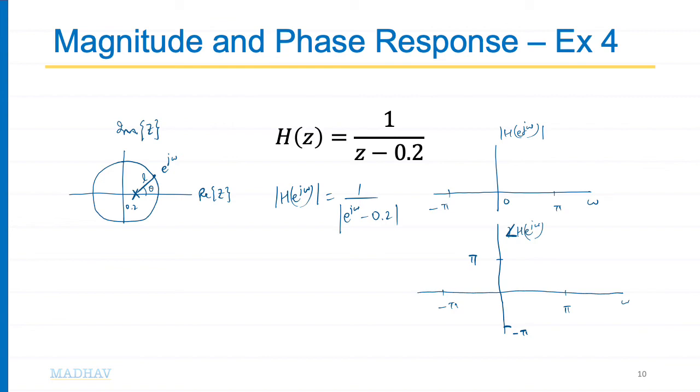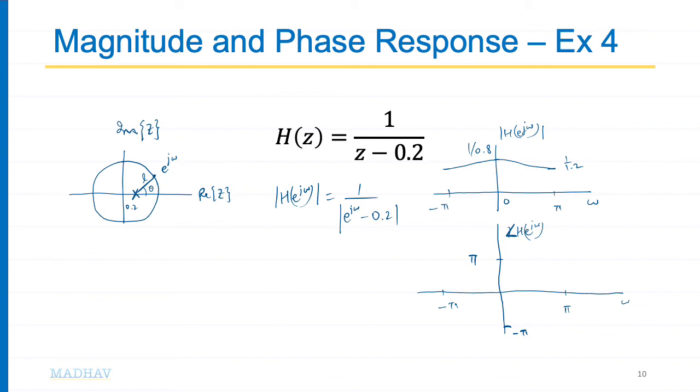Let's make the points here. When my omega is 0, the distance is 0.8, and so this term is 1 upon 0.8. And when my omega is plus pi, this denominator, this distance is 1.2. Therefore, this term becomes 1 upon 1.2, which is smaller than 1 upon 0.8. That's why I get this kind of hill-shaped curve here.